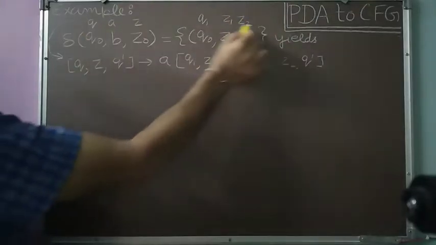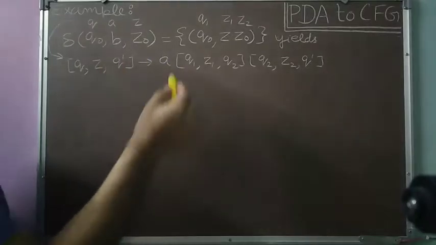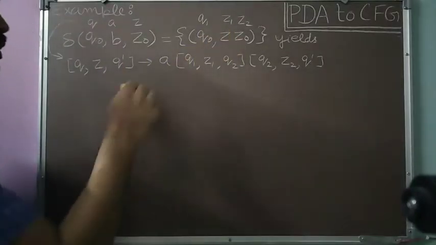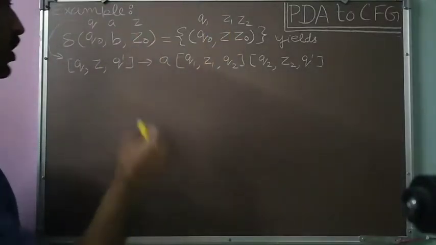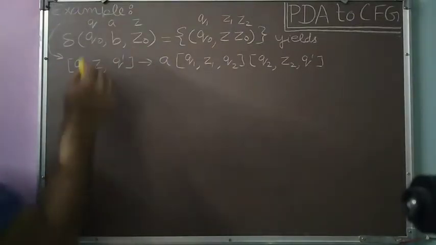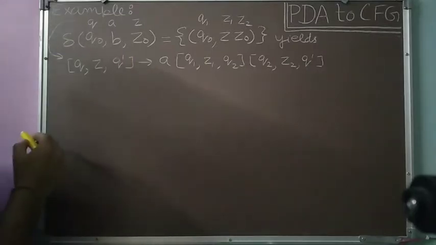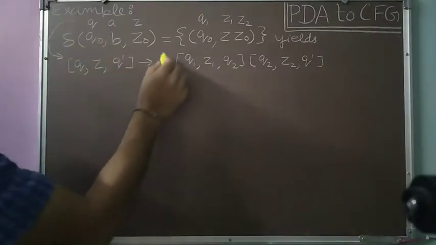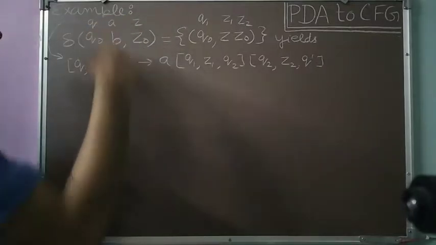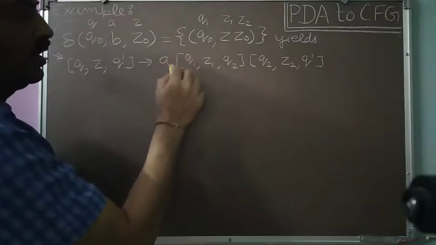Such a transition will induce many productions because it is a non-erasing move. So let us write what kind of productions it will induce. On the left-hand side I write [q, Z, q'], then the symbol a over which we are taking the transition, and then some triples.